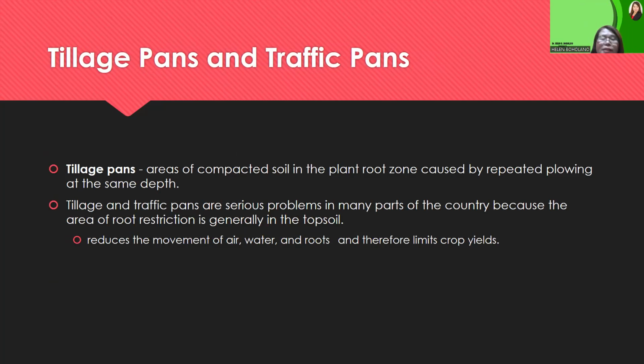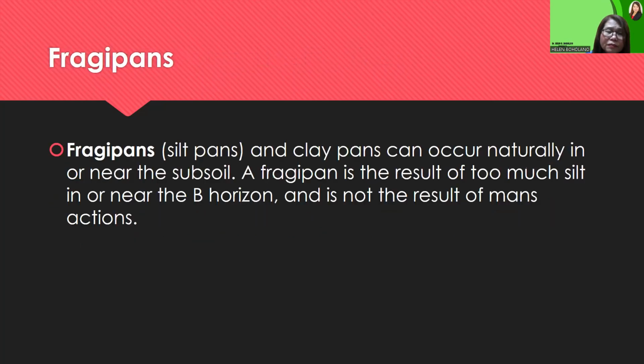Tillage and traffic pans are serious problems in many parts of the country. It's a problem because the area of root restriction is generally in the topsoil. It reduces the movement of air and roots, and therefore limits crop yield. That is why kung mabaw lang ang atong pagkadaro, dili siya ipariha og level.